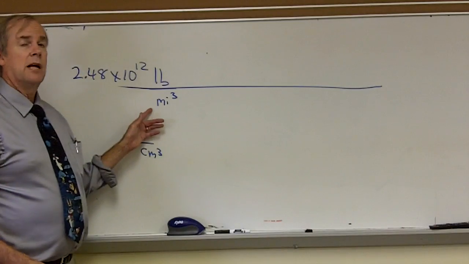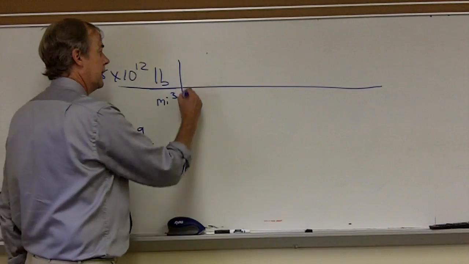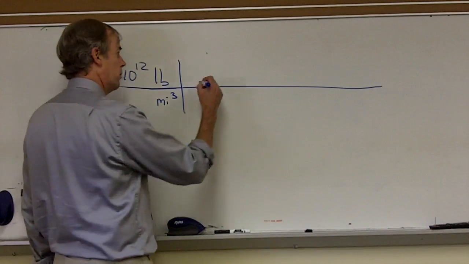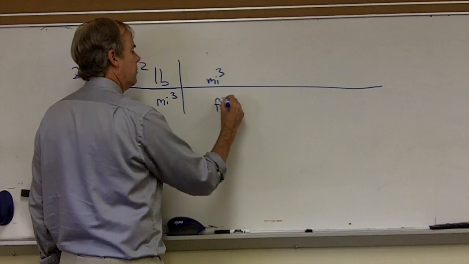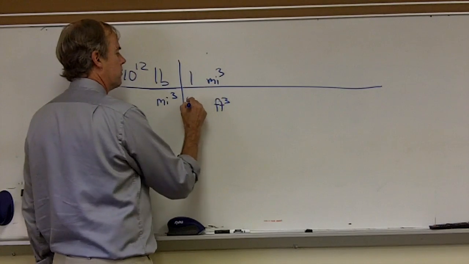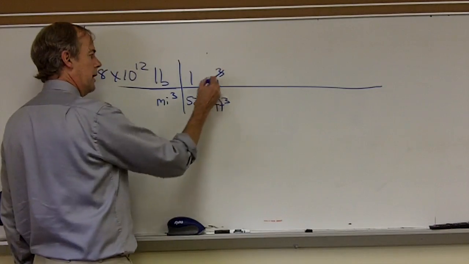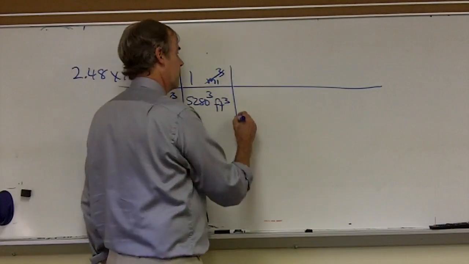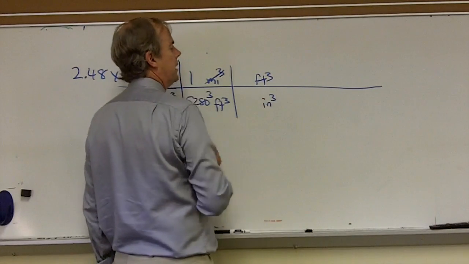I'm going to go to work on the denominator first because I have British, I want metric. Link is through inches cubed in this case. I got to get to inches cubed. So I put miles cubed up here, feet cubed down there. One of those is 5,280 of these, all cubed. Don't forget to cube that number. And now I've got feet cubed in the denominator. Put feet cubed in the numerator, inches cubed in the denominator.